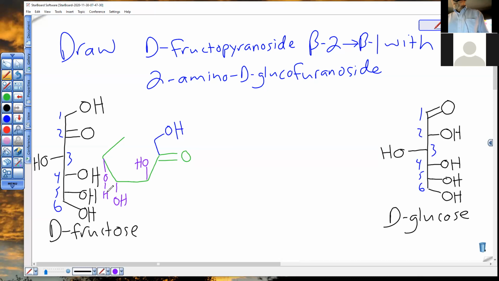And then CH2OH is already in position to make a hexagon. Look at that. We haven't had that yet. This O is already in position to make a hexagon. That's the O I need.